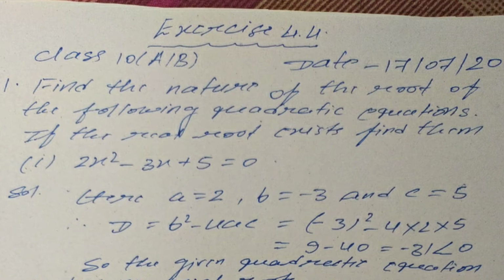If it comes greater than 0, then it will have two real and distinct roots. If it comes equal to 0, then it will have real and equal roots, and if it is less than 0, then it will not have any real root, that is, it will have imaginary roots.